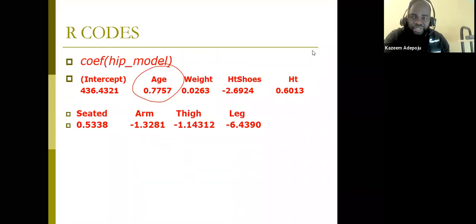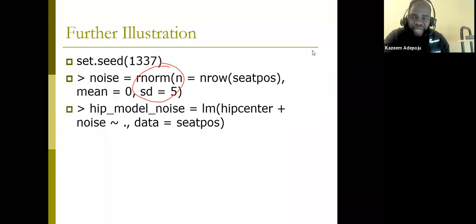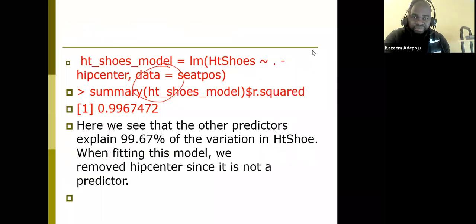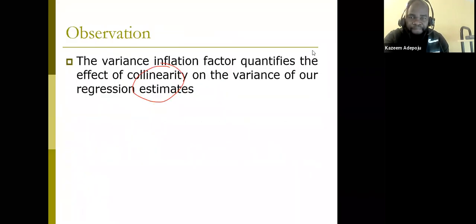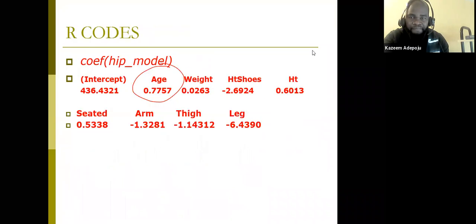Now let us look at the weight. The weight is 0.0263, and it is also 0.0263 now. Let's look at the age term, minus 2.69. Okay, it's still minus 2.69.